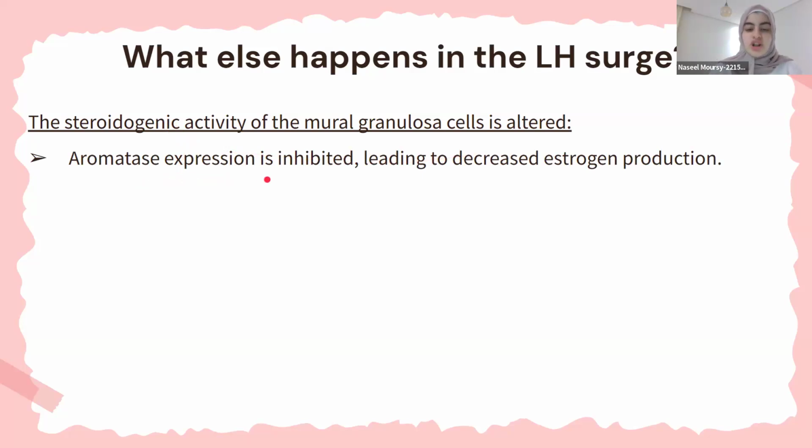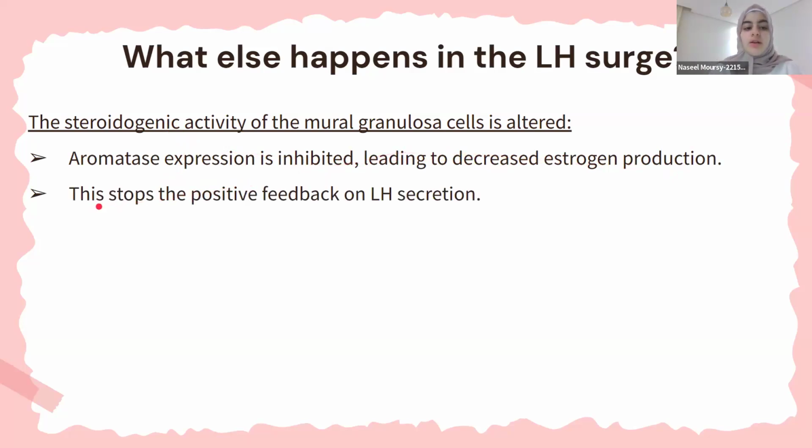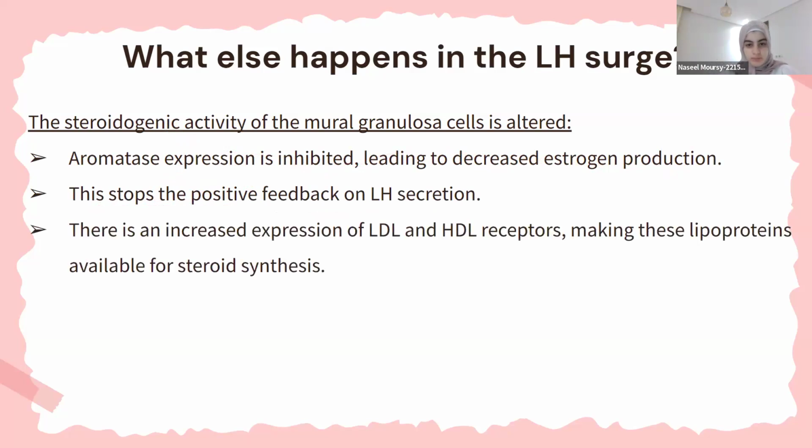First, aromatase expression is inhibited, leading to decreased estrogen production. This stops the positive feedback on LH secretion, because if you remember, what drove the LH surge to happen in the first place? It was estrogen. So now you're decreasing the production of estrogen, so you decrease LH secretion.